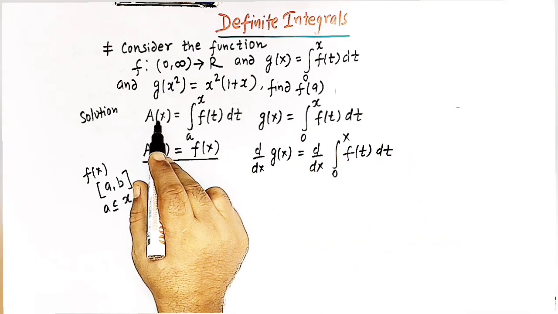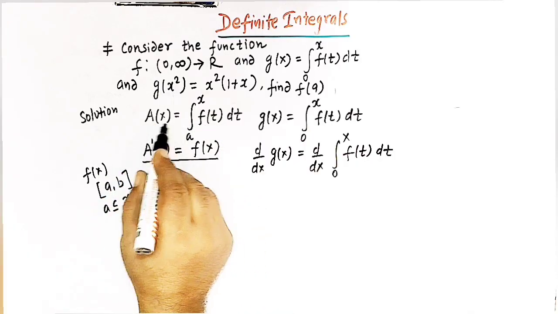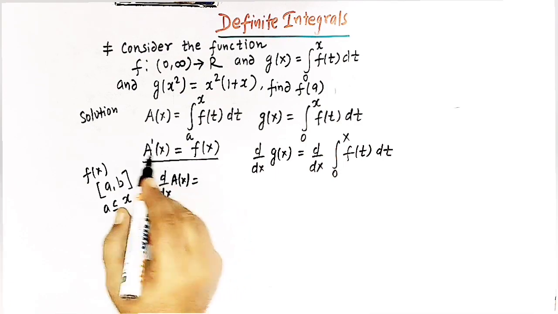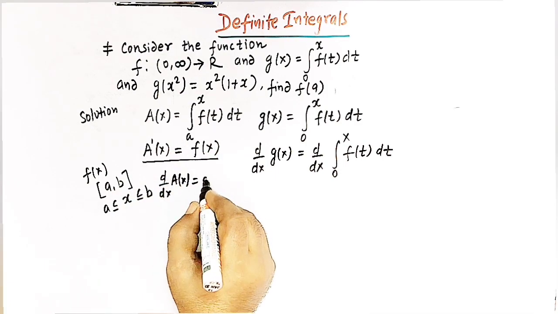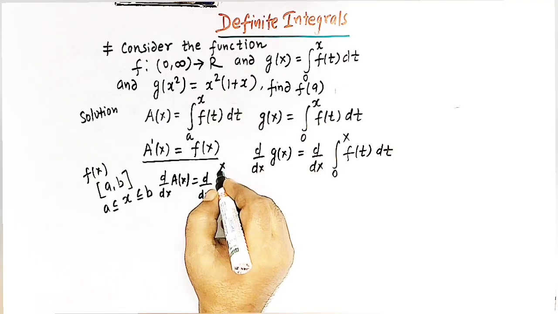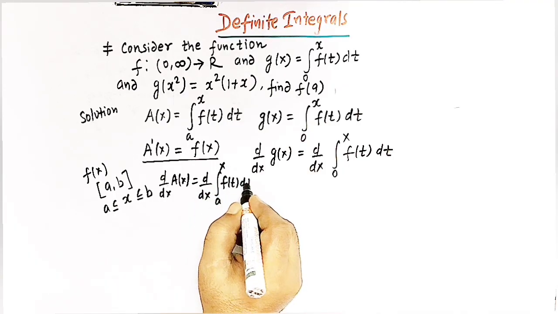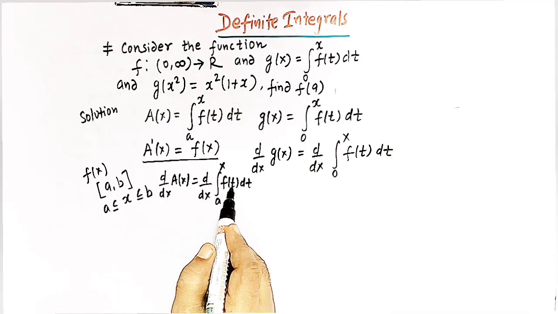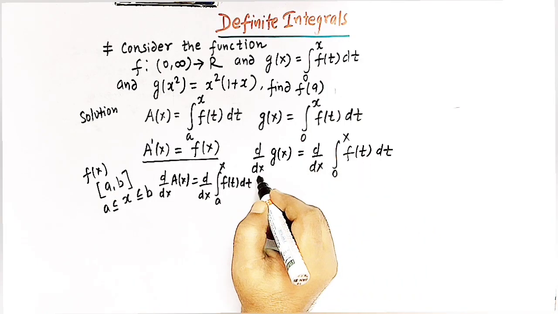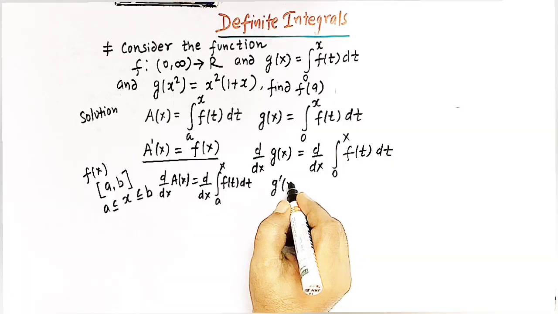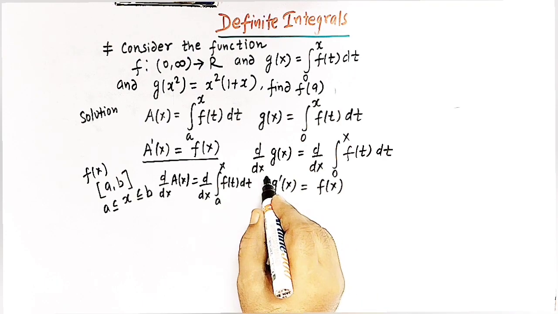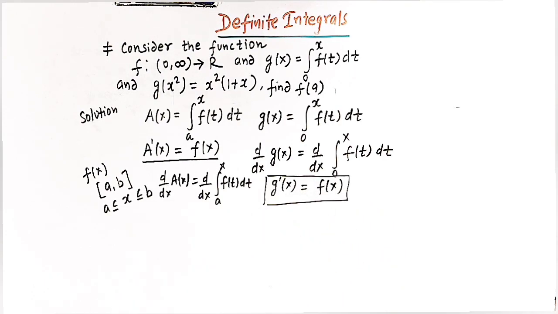So here we have seen that when we differentiate A of x, we get A prime of x, and when we find d by dx of the integral from a to x of f of t dt, we get f of x, right? So replacing this t by x. Okay, so here we have d by dx of g of x, so g prime of x is equal to f of x, right? So we have g prime of x is equal to f of x.